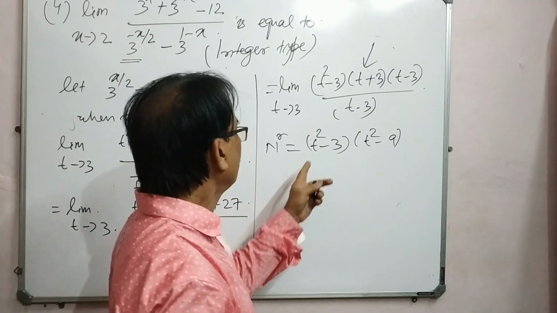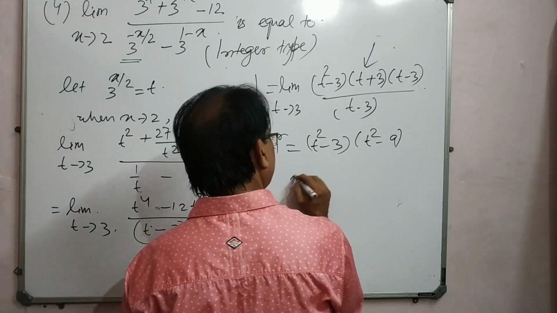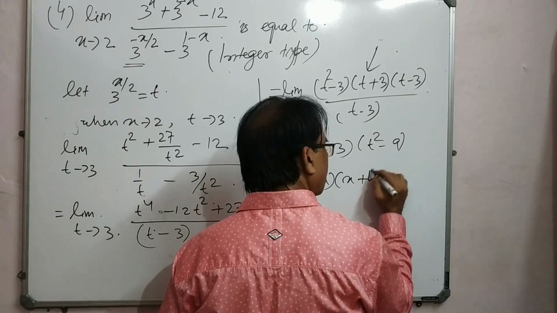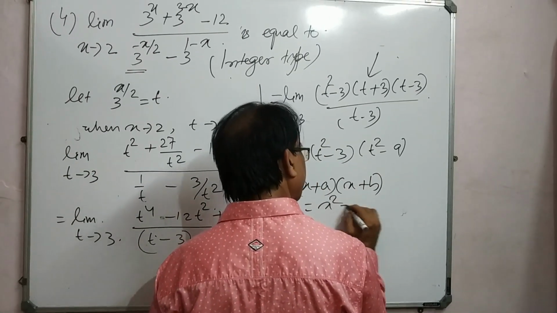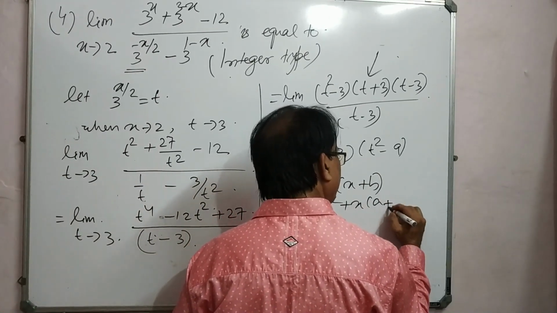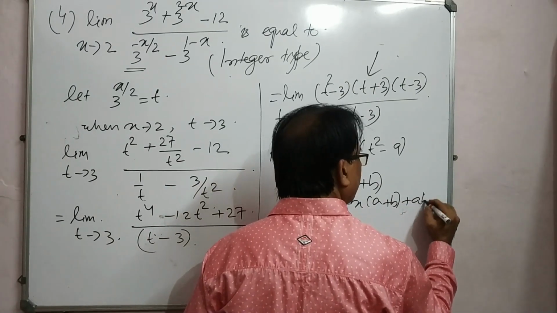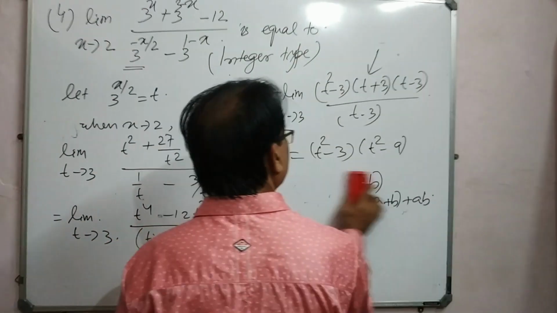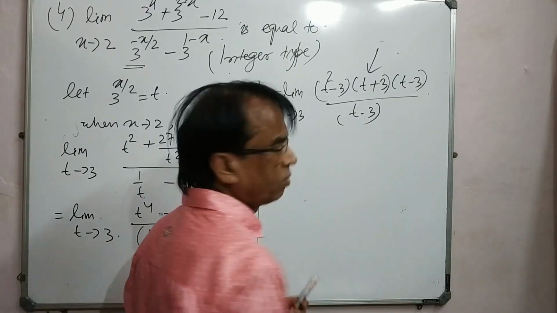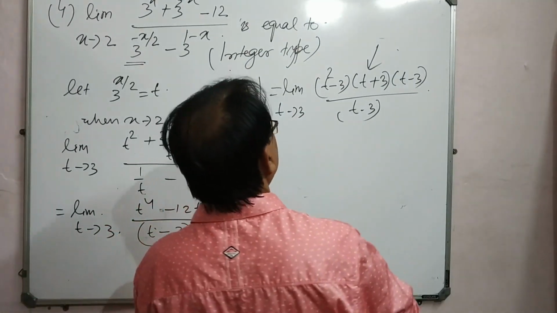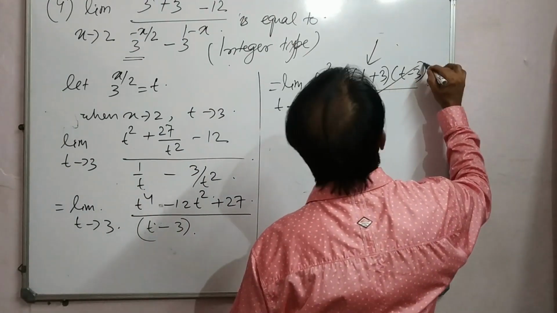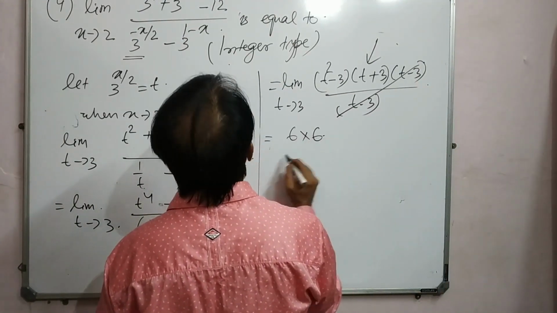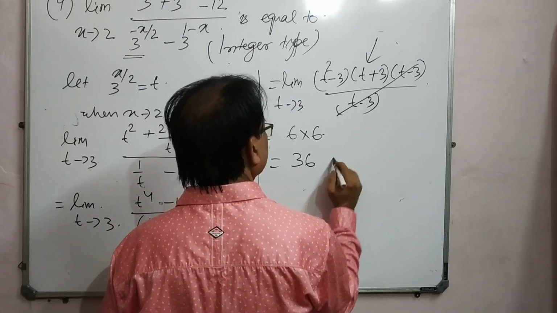We have used an identity, (x plus a)(x plus b) from lower class 9, which gives x square plus x(a plus b) plus ab. This identity we have used. Now t minus 3, t tends to 3, so it is cancelled, and putting it here, 6 into 6, that is equal to 36. This is the answer.